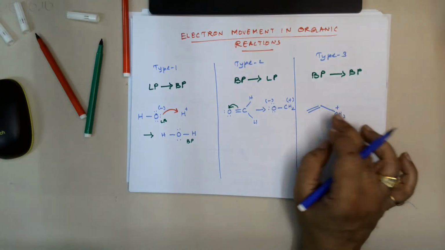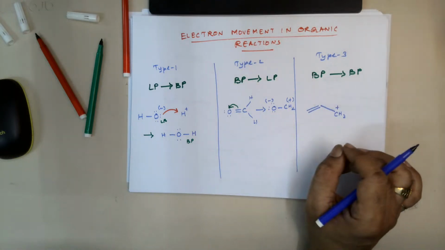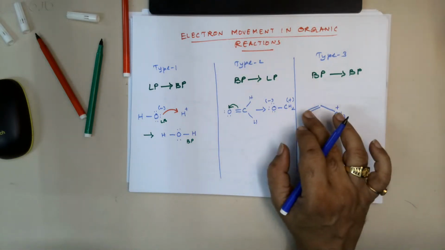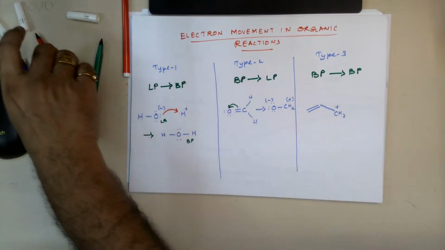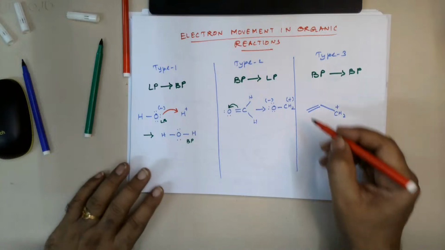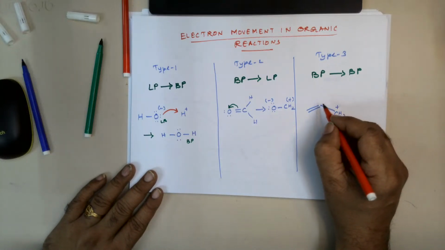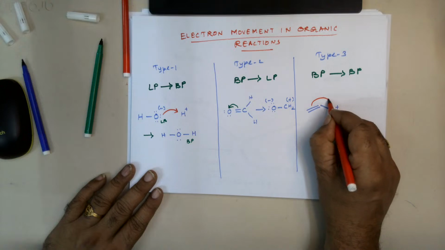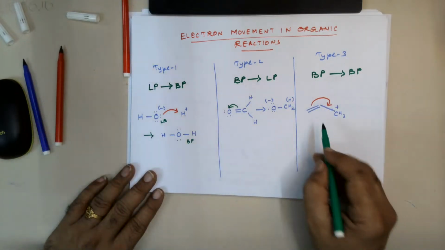And how many carbon atoms are there? 1, 2, 3. So propene. So this is propene with the positive ion. So this CH2 plus is a positive ion, and probably this is the bonded pair already. So one bonded pair to another bonded pair, it can move like this. So that it becomes what?